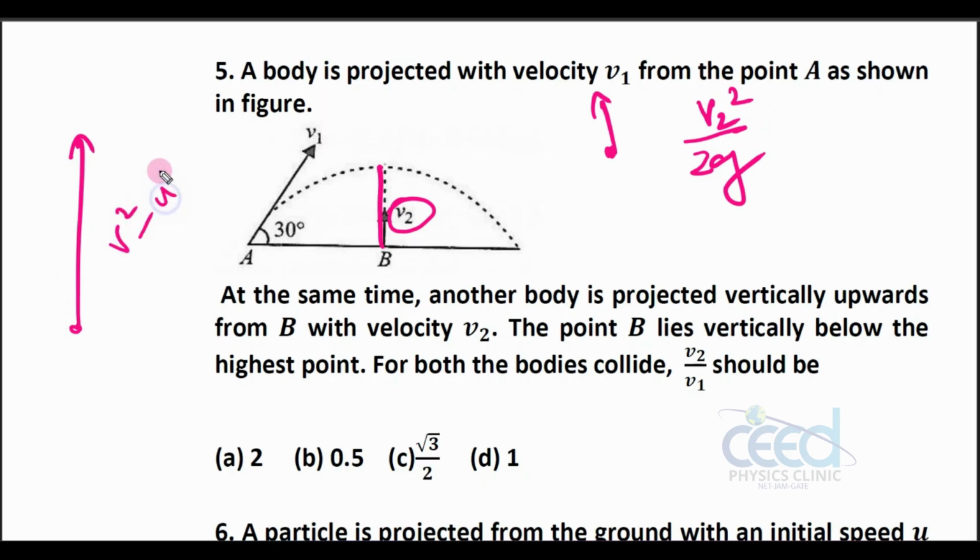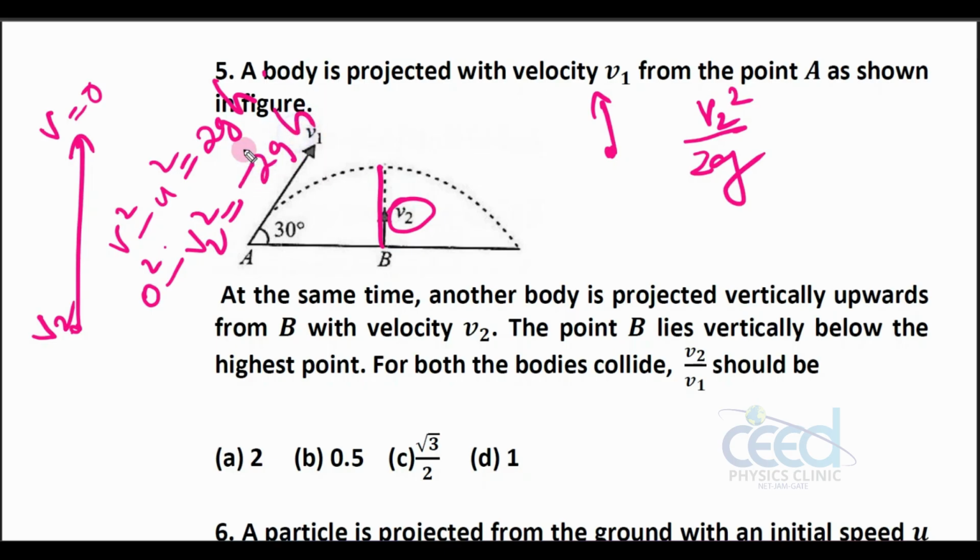v square minus u square is equal to 2gh. Then the height: final velocity is 0 at maximum height, initial velocity is v2, so 0 square minus v2 square, with gravity acting downward while the motion is upward, is minus 2gh.